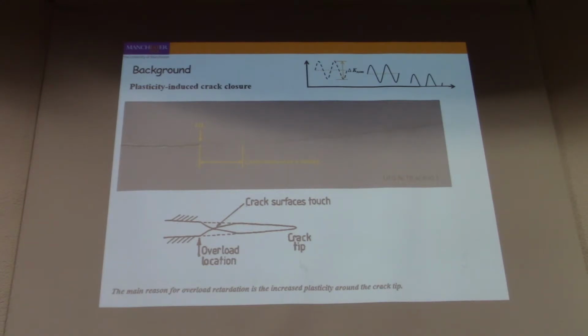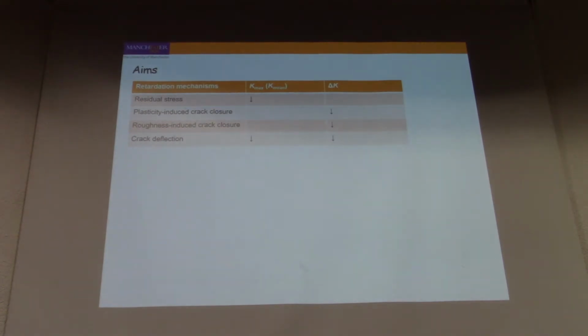So this premature crack face contact will reduce the stress range and therefore retard the crack growth. So there are some other secondary mechanisms. They can either reduce the stress range or the mean stress or both.